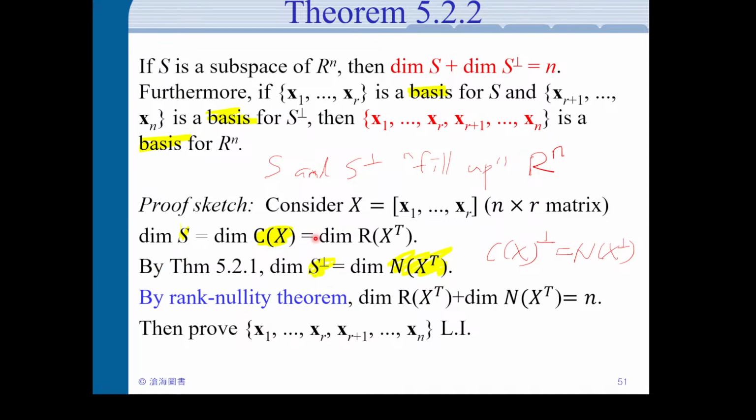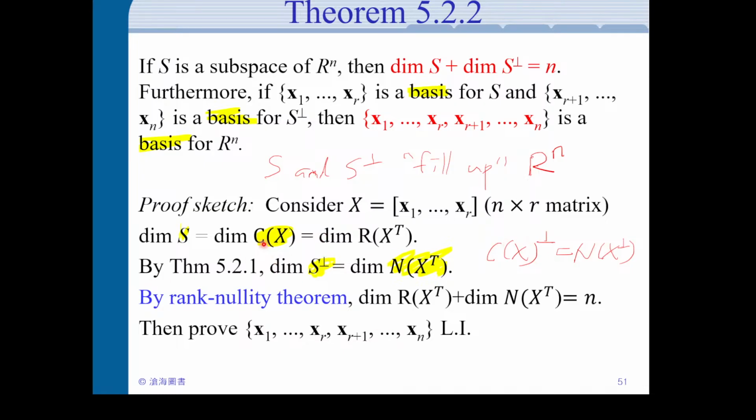So here is a bit of knowing what is what, and in the end we get that the complement of S is equal to the null space of X transpose. Then we add a dimension in front of both sides.